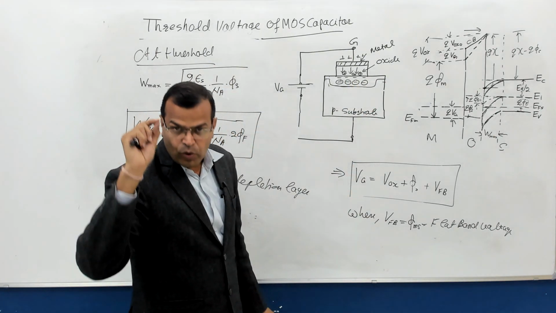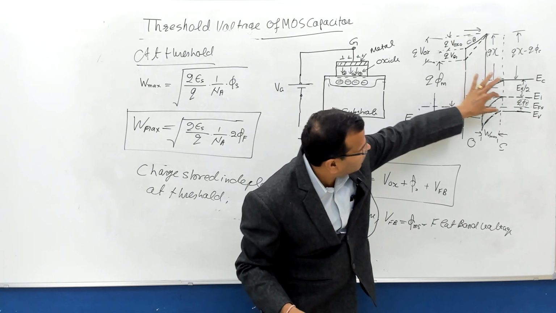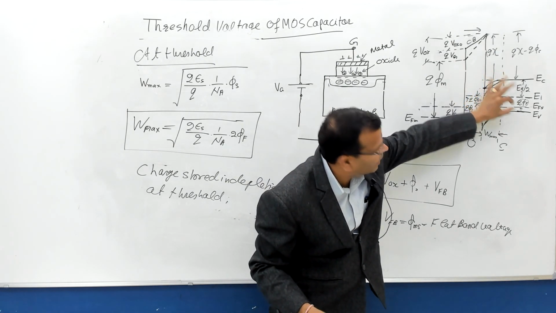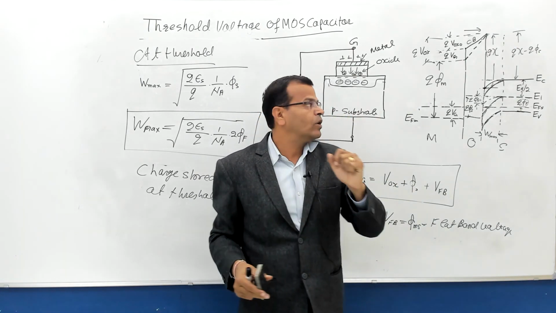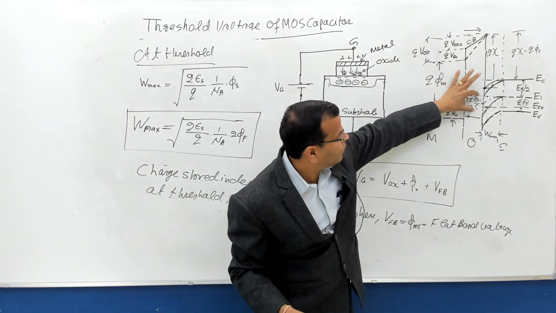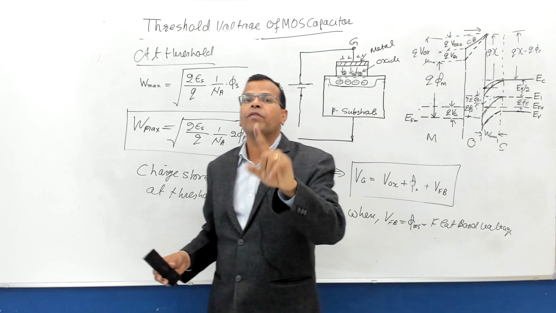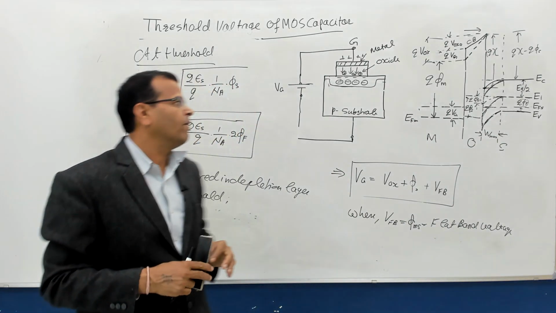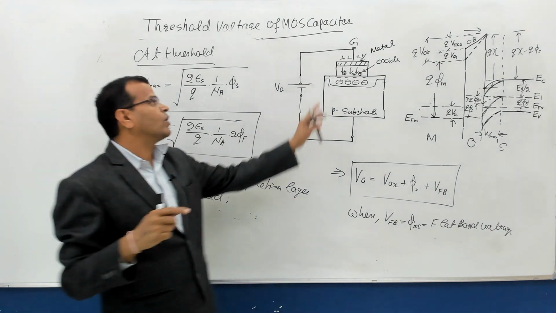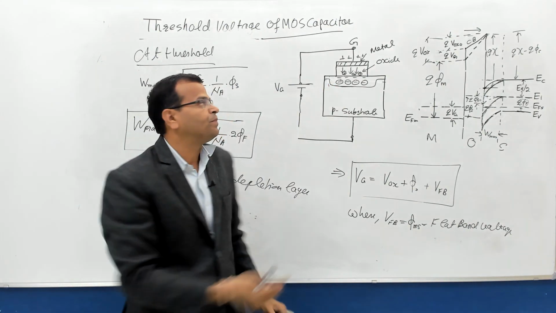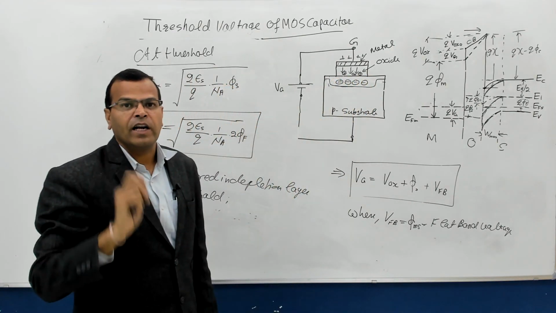Electrons will exist only when the surface potential becomes more than the potential difference between the intrinsic and actual Fermi level. But we will not consider those electrons until your surface potential becomes more than twice the value of the potential difference between the intrinsic and actual Fermi level. We will be considering electrons only after the threshold voltage. So for threshold voltage, we will not consider these electrons.